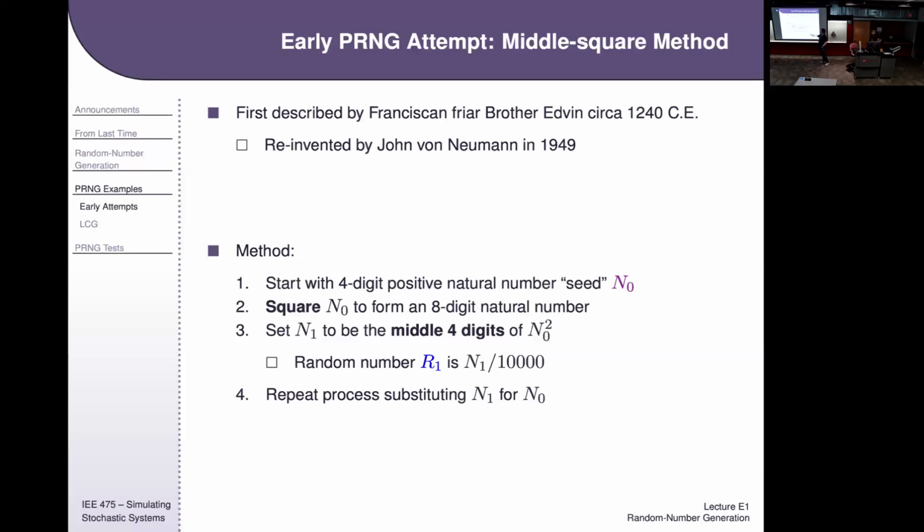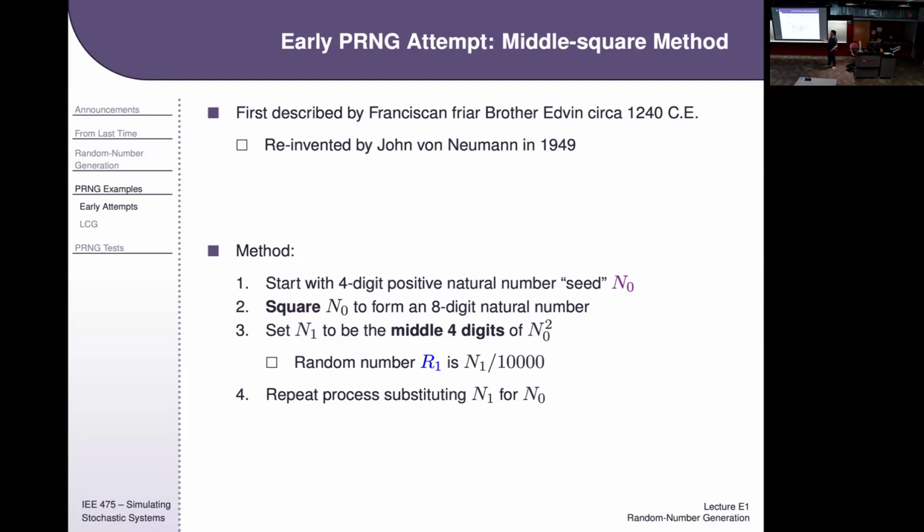And so this so-called middle square method would start with the seed, a 4-digit positive natural number, like 1, 2, 3, 4. It would then square that number to make it an 8-digit number that might have zeros on the front of it. And then it would set the next number to be the middle 4 digits of the squared number.